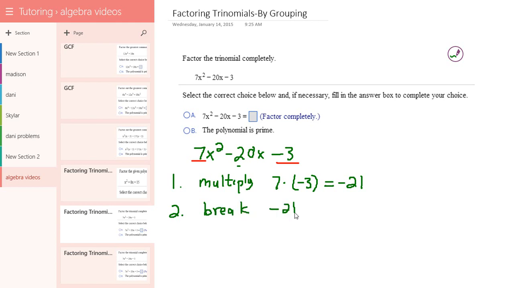Step 2 is that you break negative 21 into parts that add up to negative 20, the middle number.